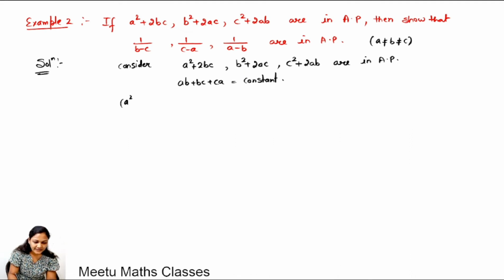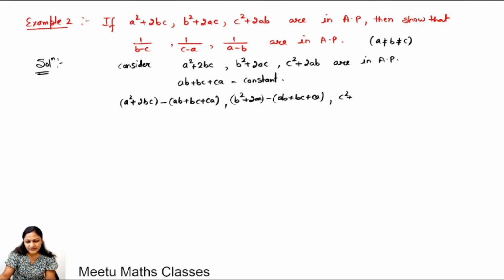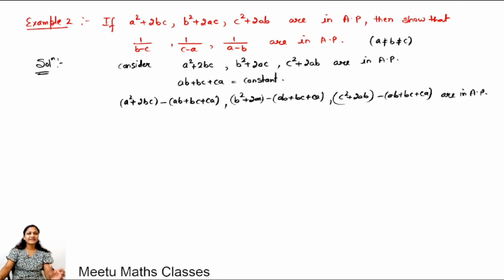So we subtract AB plus BC plus CA from A square plus 2BC, from B square plus 2AC, and from the third term. Then these three terms are in AP by the property that if you are subtracting a constant, then the resulting sequence is in AP.